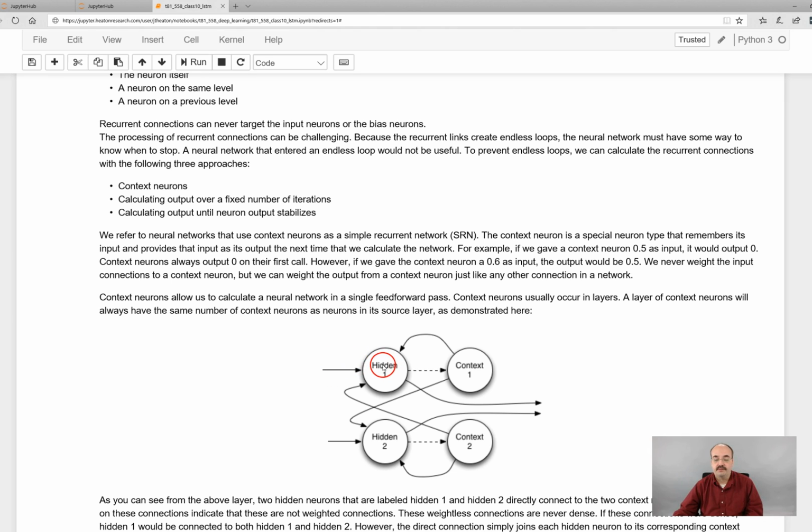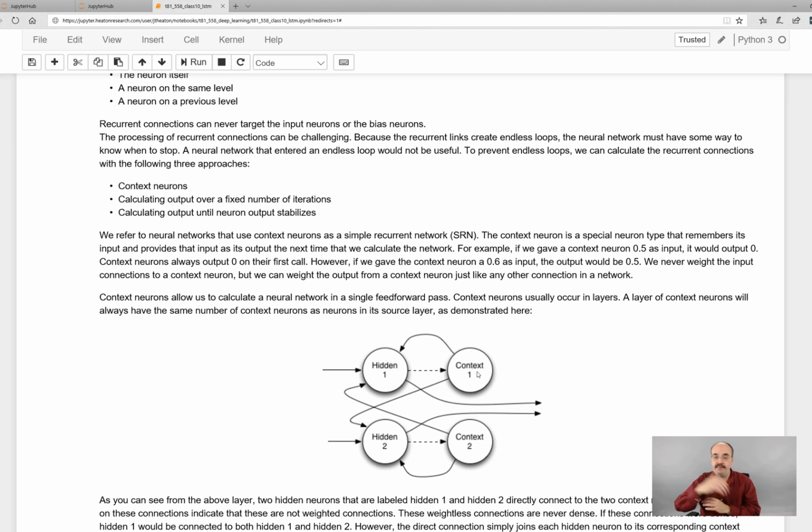So what's going to happen is the input to this first hidden one is not just going to be what's coming from the previous layer, but it's also going to get the output from context 1 and the output from context 2, at least in the way that this network is set up. These are both weighted, so it will learn how to process that value. There's no weighting here, simply whatever was output to the next layer is also copied to here.